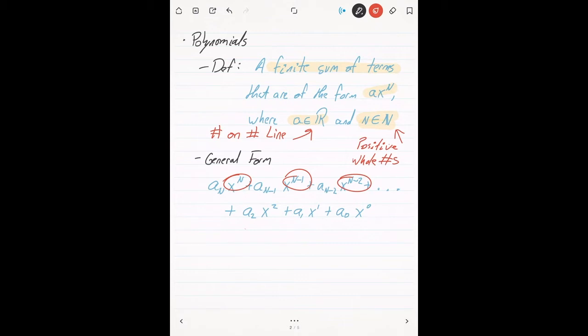So the thing with polynomials is that we write them in what's called descending order, okay? Descending order meaning we drop their exponents.